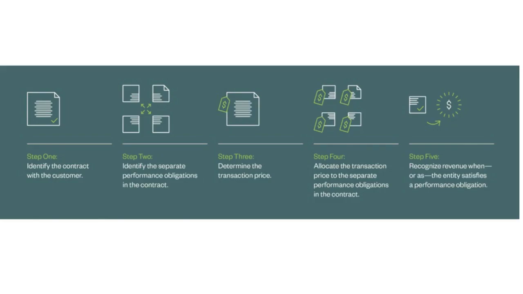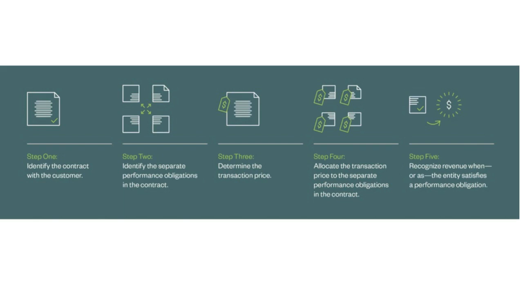Here's the 5-step process related to this. Step 1 is just identifying whether or not you have a contract itself. Once you've identified a contract, then you want to figure out, do you have different performance obligations within that contract?